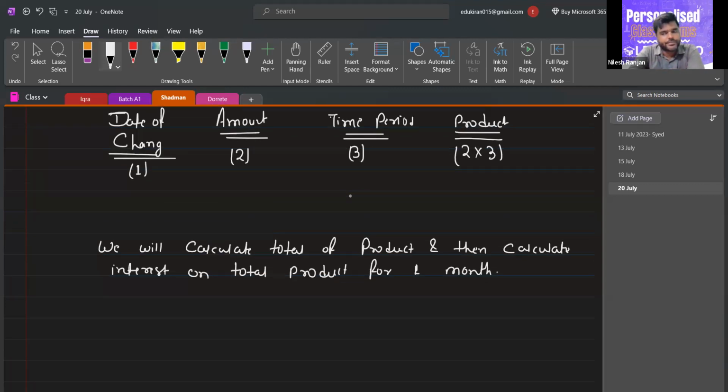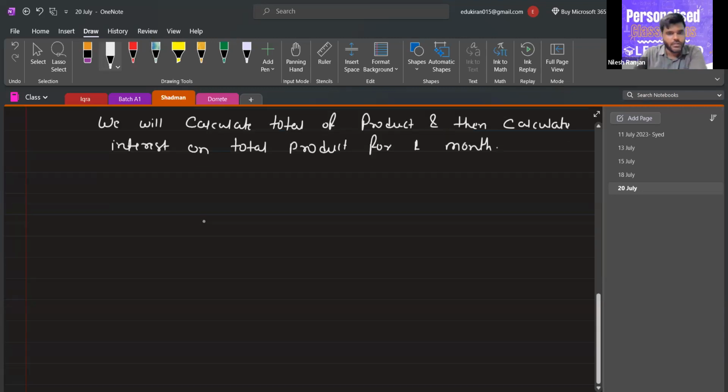If there are 3 drawings in a year, then in the simple method we will calculate interest for every drawing separately, but in the product method you can calculate by using this technique. So now, interest on drawing.